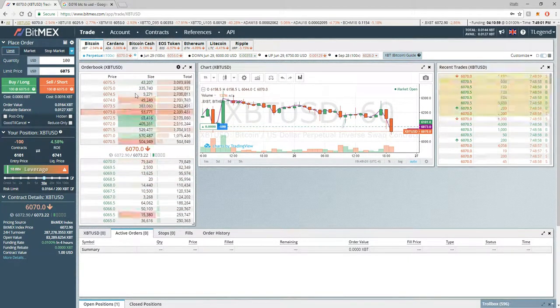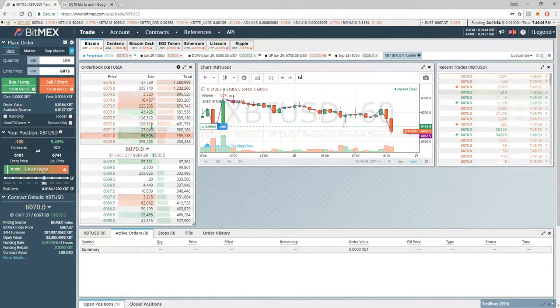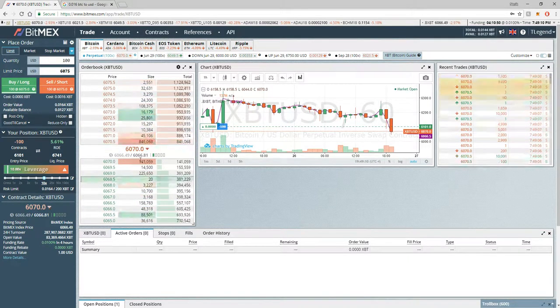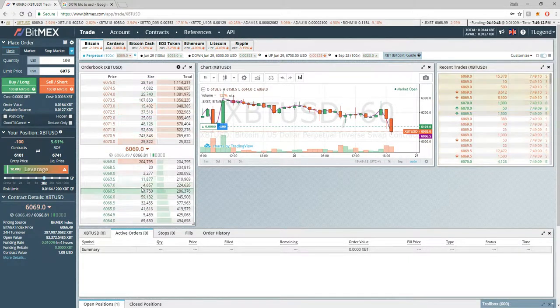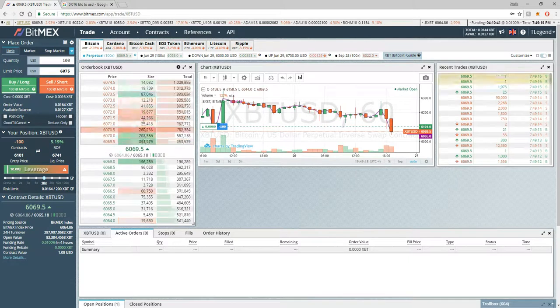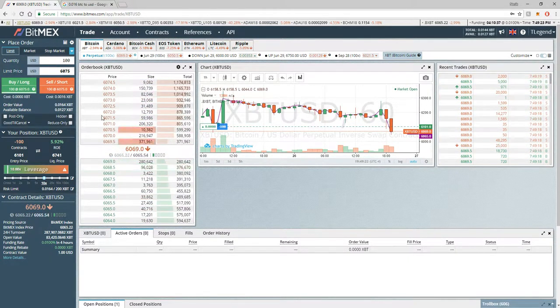As you see, there's much more contracts at shorting it because people think it's going to go lower, and there's not much on the long side, but this will go back and forth, and eventually one side will overpower the other. So as you see here, people are jumping in, but there's a bunch of orders to short it, and there's only a few 100,000 at longing it.